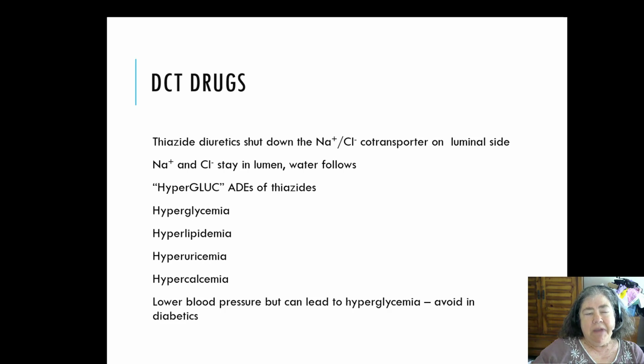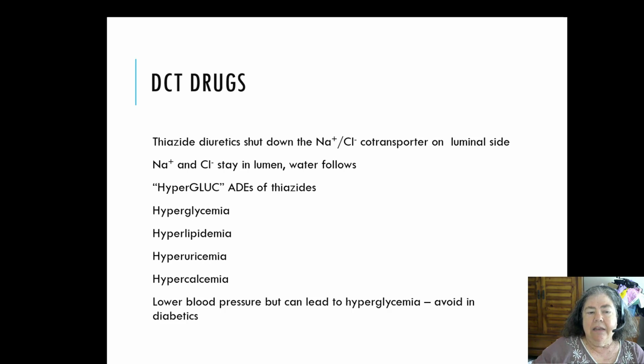Just like we had a mnemonic for the adverse drug effects of loop diuretics, of Lasix particularly, we have one for thiazides, and it's called hypergluc. Hydrochlorothiazide and other drugs in the thiazide family can cause hyperglycemia. They have a tendency to make diabetes worse. They can contribute to hyperlipidemia.